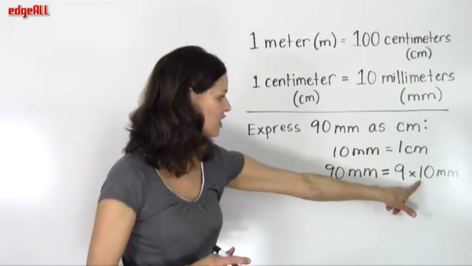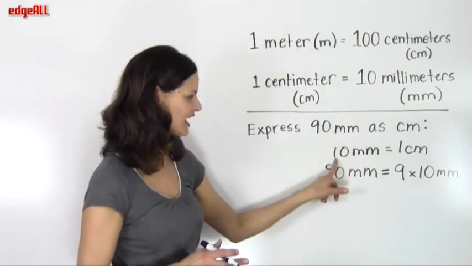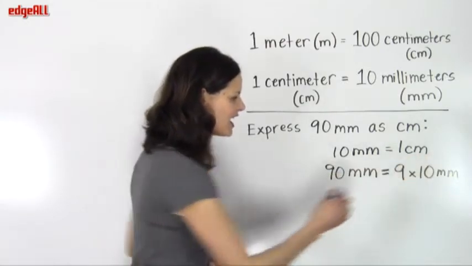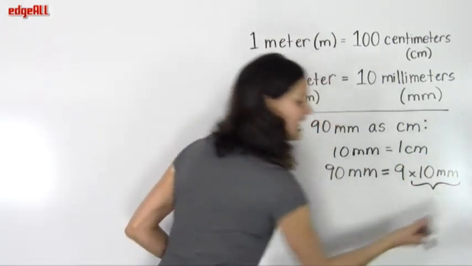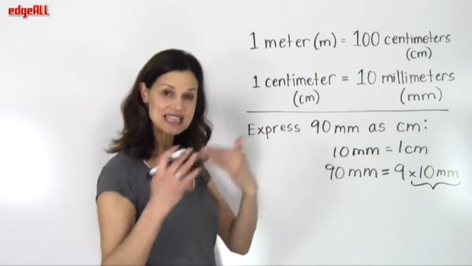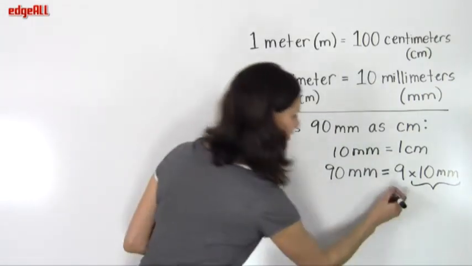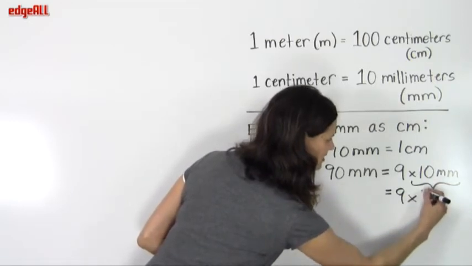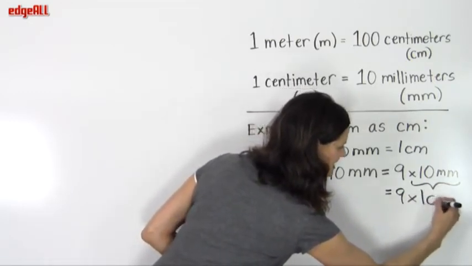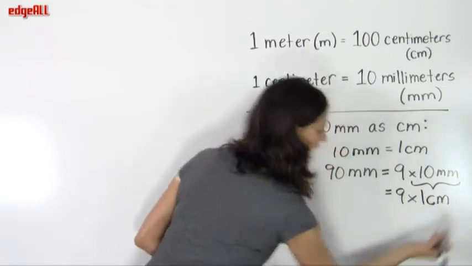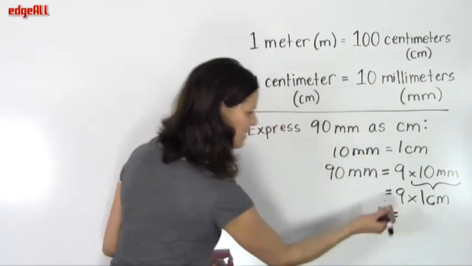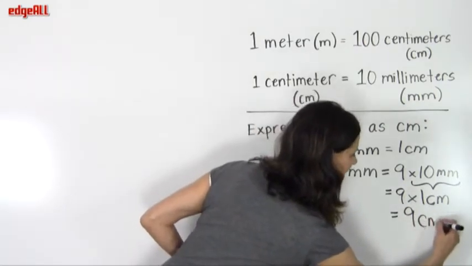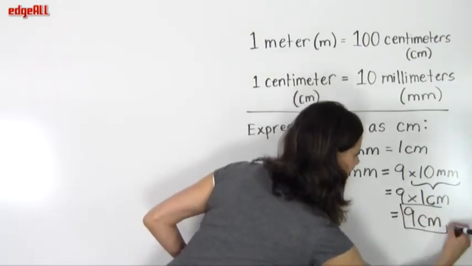Well, now I know that I can substitute 10 millimeters is equal to 1 centimeter. So here where I have this 10 millimeters, I'm going to substitute 1 centimeter there. So I have my 9 times, and instead of 10 millimeters, I'm going to say 1 centimeter. And so now I have the equivalent measurement here of 9 times 1, which is just 9, so 9 centimeters.